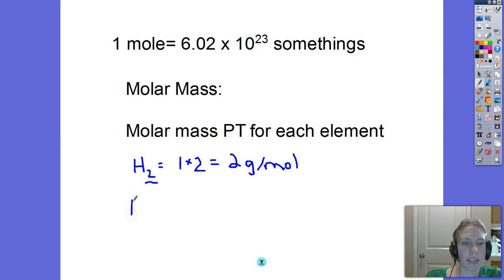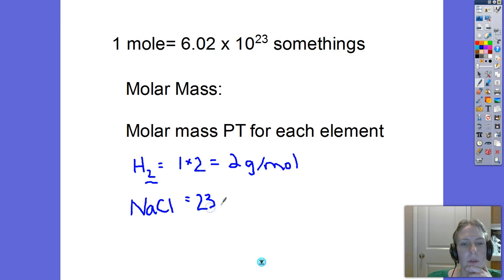Now this is totally tangible. So if we had NaCl, table salt, and we wanted to find out how much we would have to weigh out to get 6.02 times 10 to the 23rd molecules of that, we'd add up the formulas. So sodium, let me look that up. I want to say it's 23.